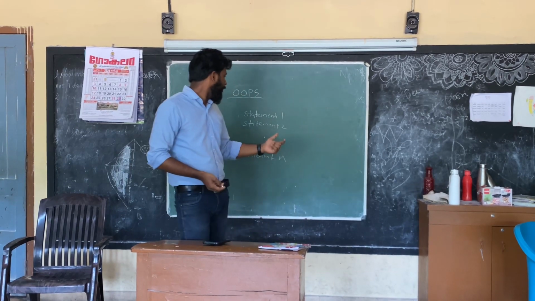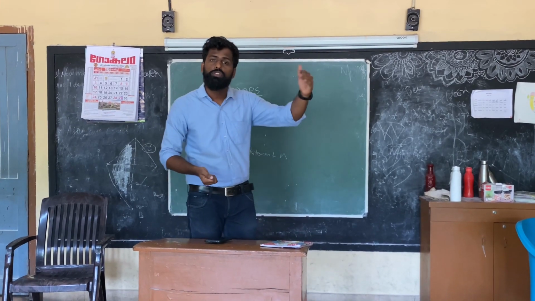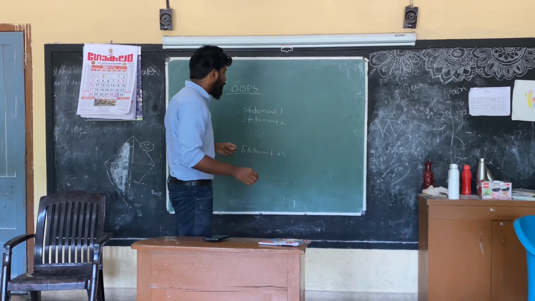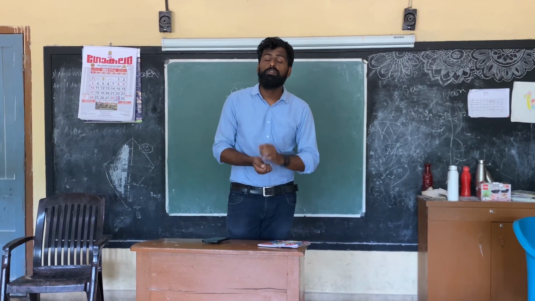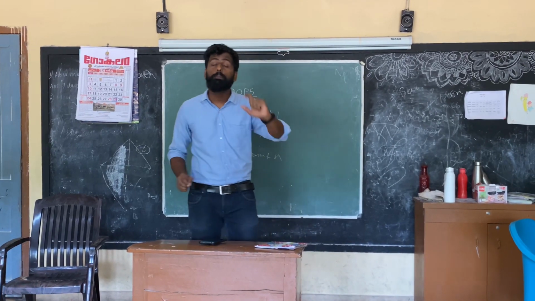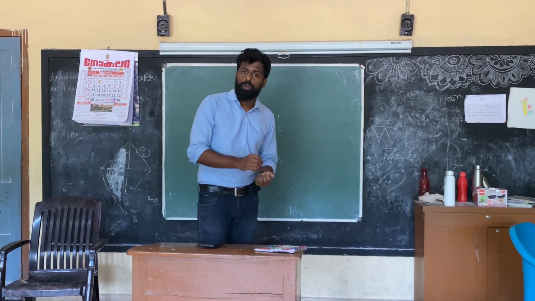So if we need a statement from 1 to 5 again, we need to repeat those statements. That was one of the main disadvantages of the C programming language, a procedure oriented programming language concept.